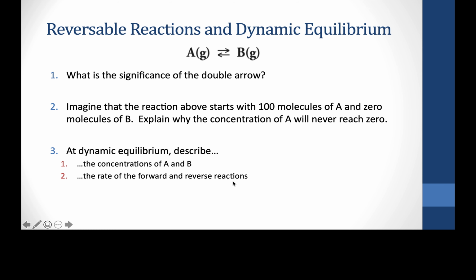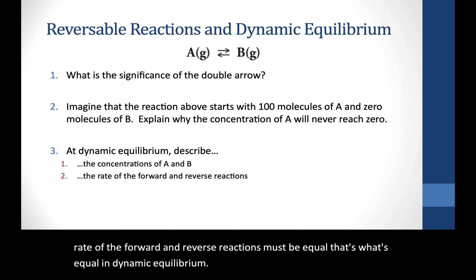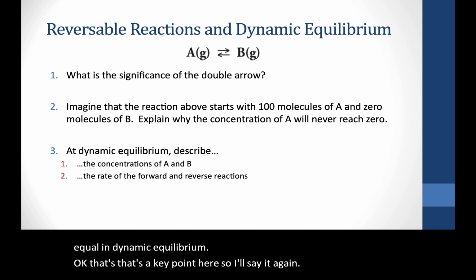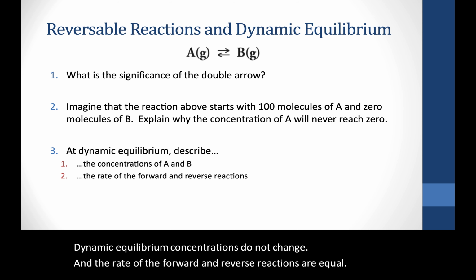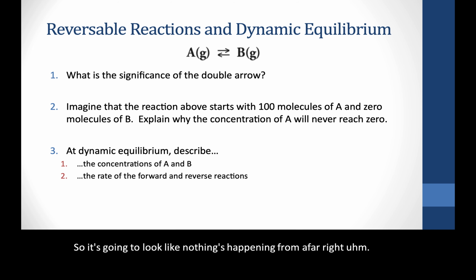That's what's equal in dynamic equilibrium. That's a key point, so I'll say it again: at dynamic equilibrium, concentrations do not change, and the rates of the forward and reverse reactions are equal. It looks like nothing's happening from afar. If you just took snapshots of the factory floor and there's always 100 people, it looks like nothing's changing, even though 20 people are coming in and 20 going out every hour.